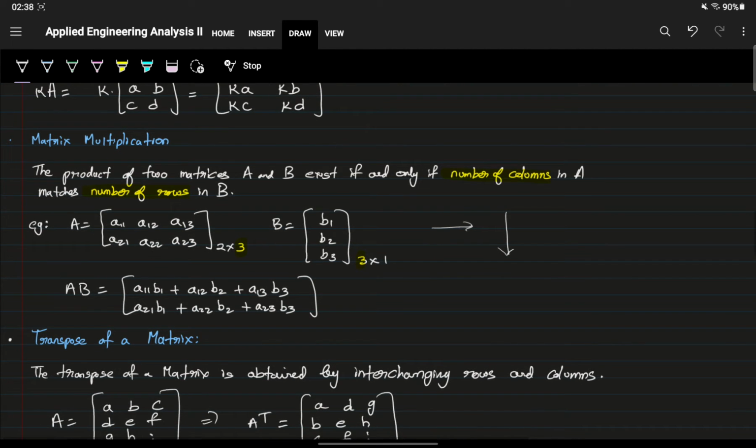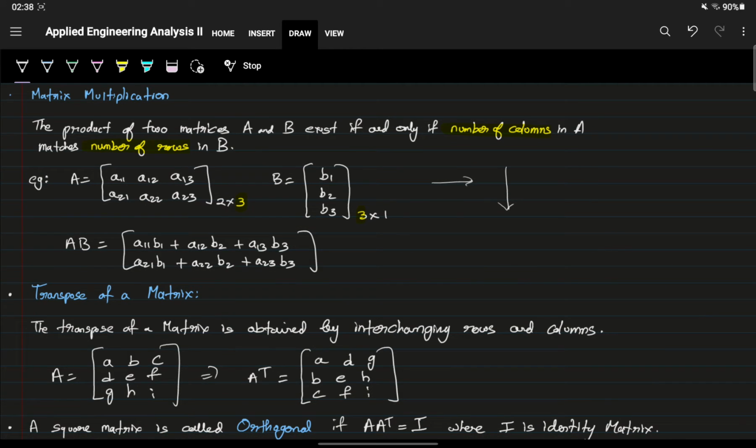And coming to matrix multiplication, the product of two matrices A and B exists if and only if the number of columns in matrix A is equal to the number of rows in B. For example, let us consider this matrix A, 1 1 1; 2 1 3. If we observe, it has 2 rows and 3 columns.